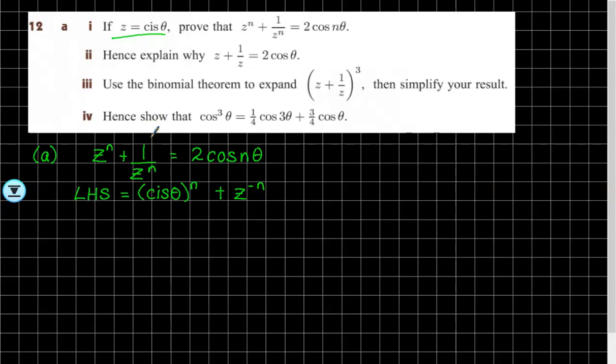Remember, this is our unit on de Moivre's theorem where we're dealing with the powers. So just wanted to make my life easier. If I had done 1 over cis n, well, putting it up, you'd put it to the minus power, much of a muchness. Okay, we've got cis theta, plus cis theta to the minus n.